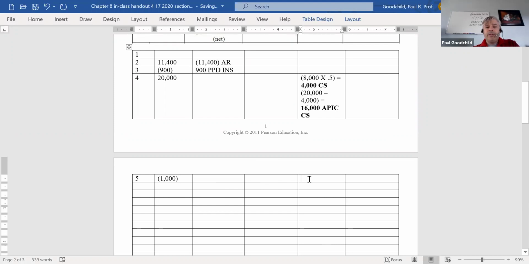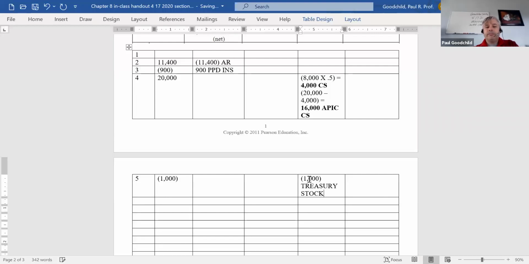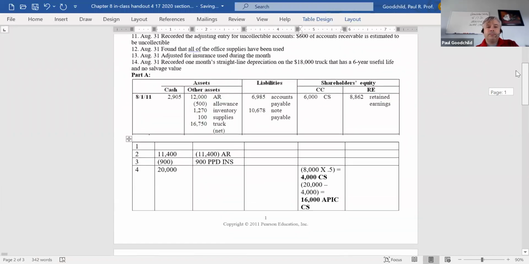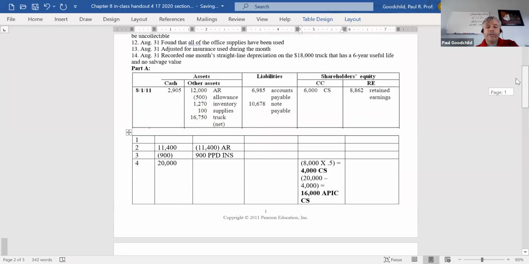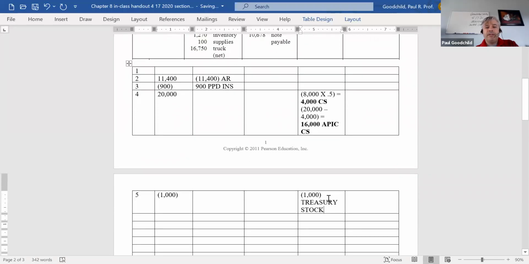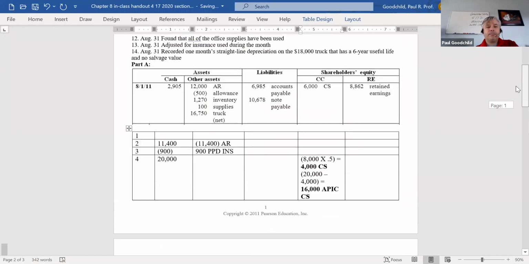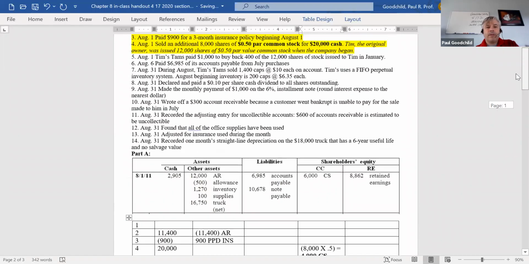And then within contributed capital, we have $1,000 treasury stock. And you'll notice that it's put in as a reduction in contributed capital.